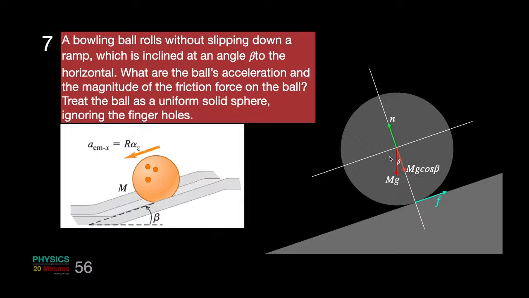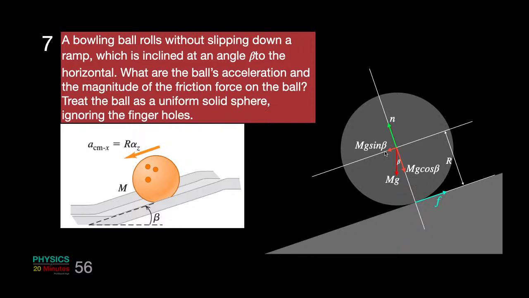I can split mg into two components, mg cos beta and mg sin beta. So these are my two components. And from here I can see that F is working at a distance r from the center of mass. So for this you can write two equations.